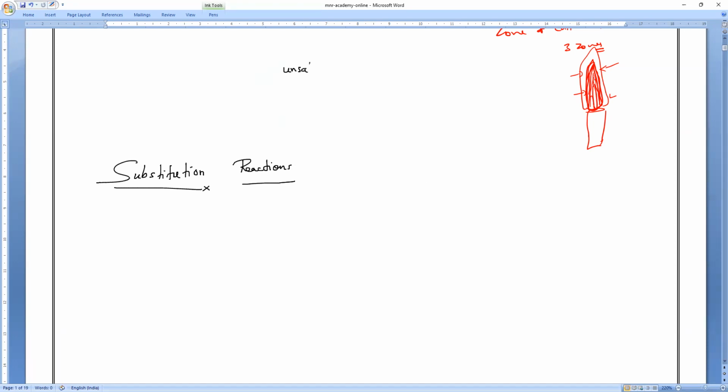Anybody can tell? Examples, guys: alkenes and alkynes. Very, very important. Who are the saturated hydrocarbons? The hydrocarbons which we call alkanes.